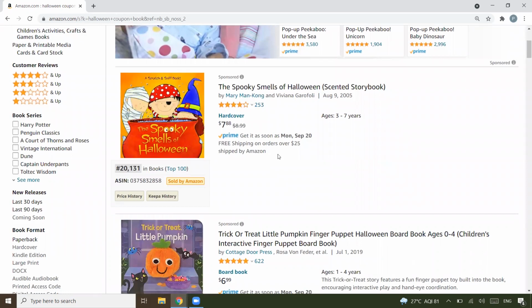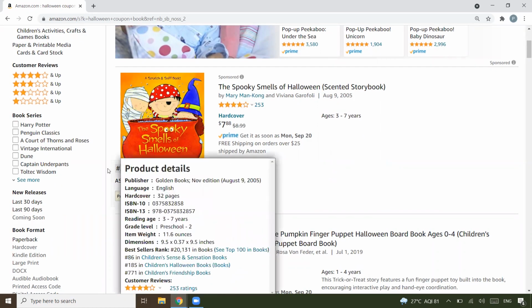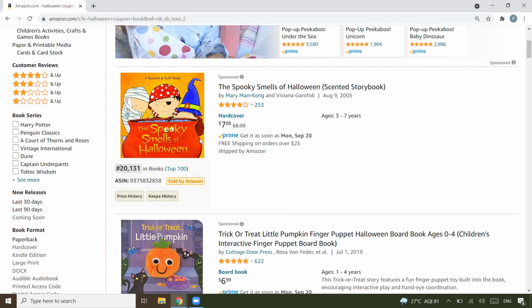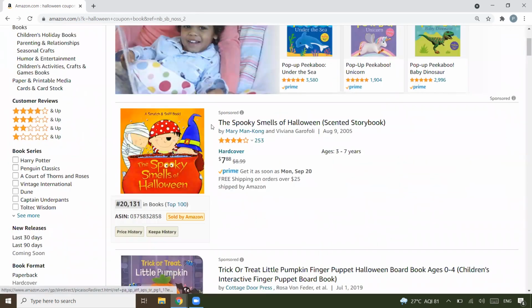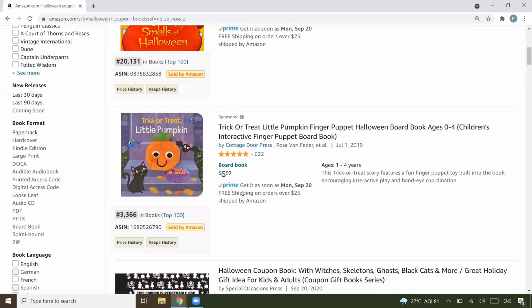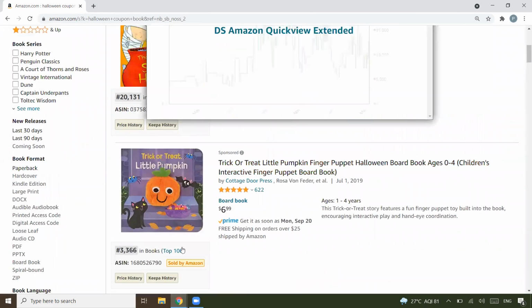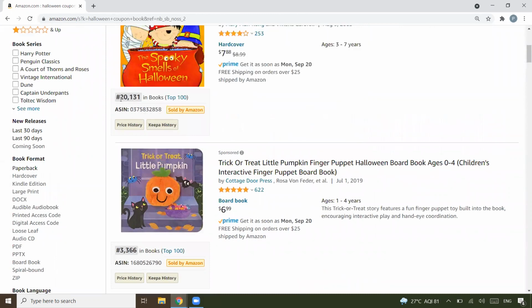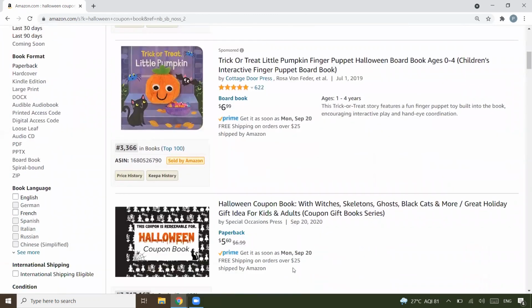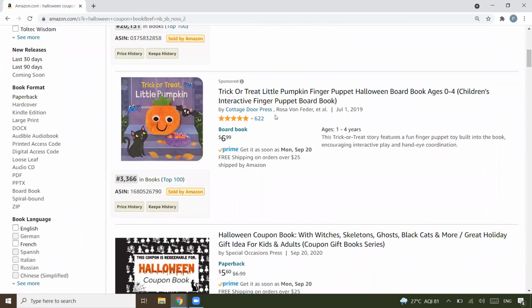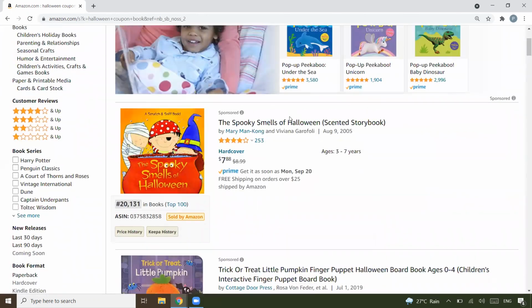If we take a look at this, I already have installed one of the plugins, so that's the reason I'm able to see the BSR ranks over here. This one is sponsored, so that means people are running ads for this keyword, and that's the reason we are able to see the sponsored ads. The sponsored ads have very low BSR. But these seem to be other books related to Halloween.